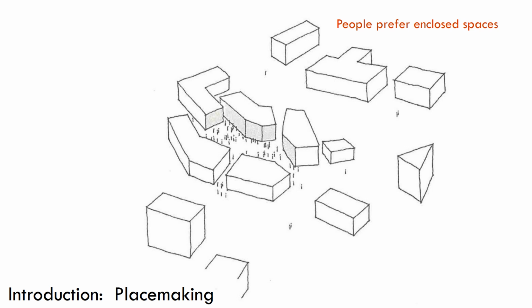So in talking about placemaking, it's important to understand a basic concept of the way people relate to their surroundings, and that is that people in general prefer enclosed spaces. So here in the diagram, I'm going to use the laser pointer on occasion to show where people are congregating. And you see that they are showing up here in between the buildings.